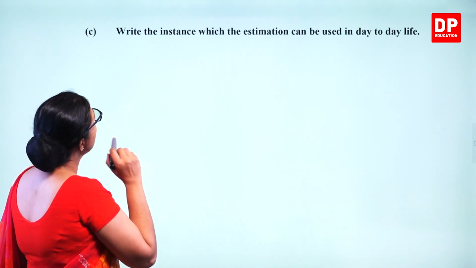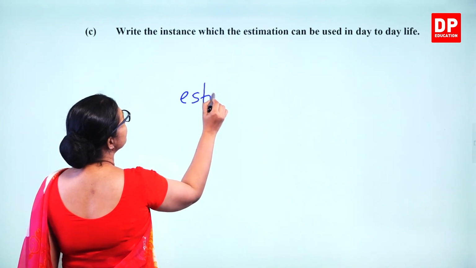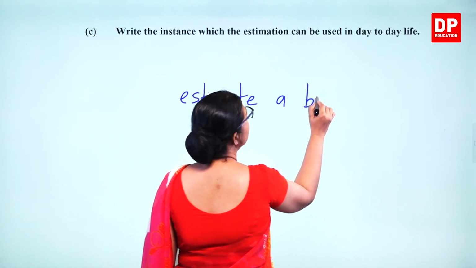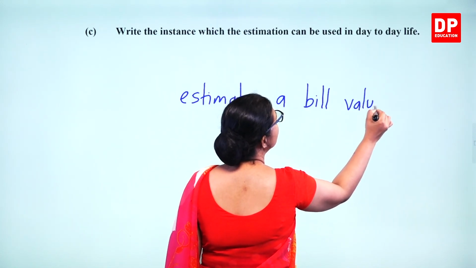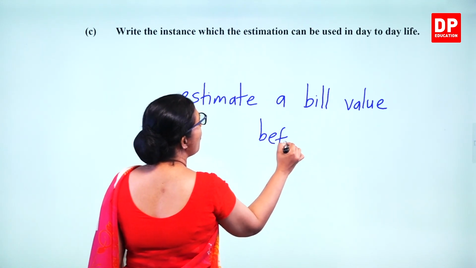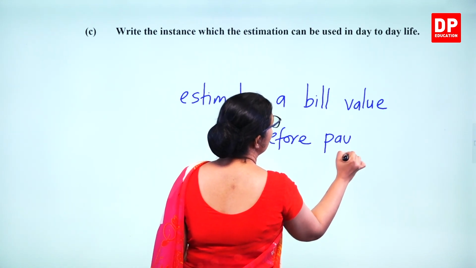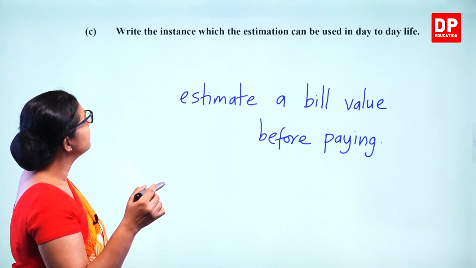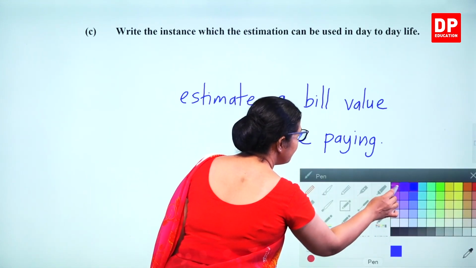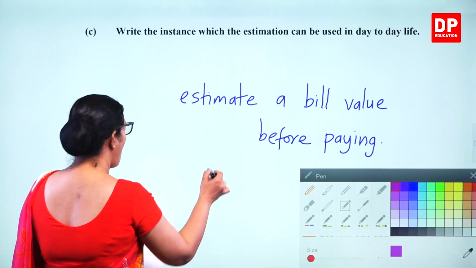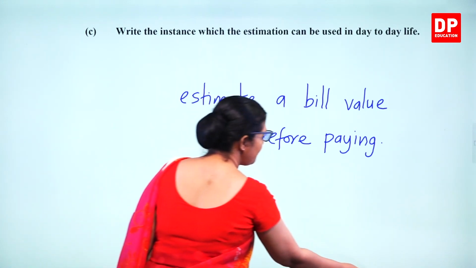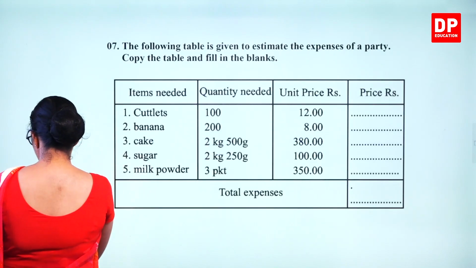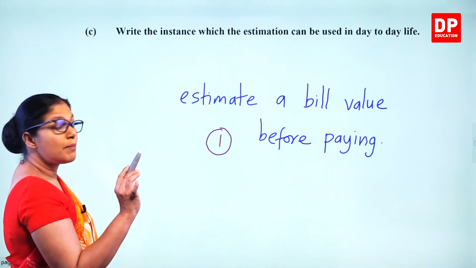So you can say, estimate a bill value before paying. First you have to check whether you have enough money for that. So that's a good example. You get 1 mark for that.